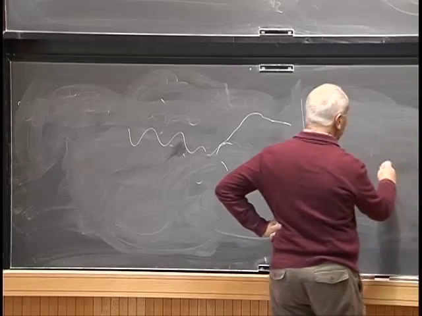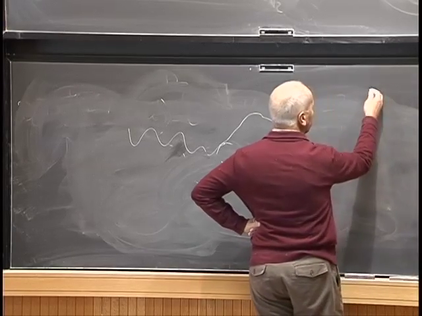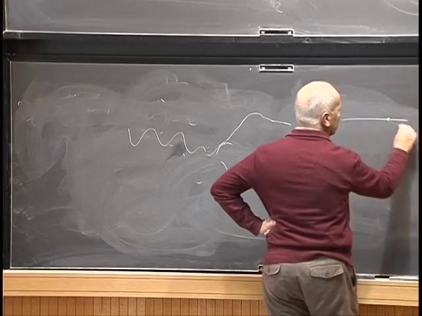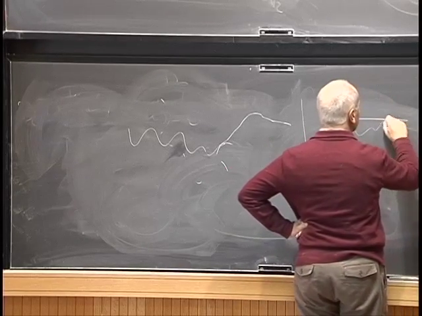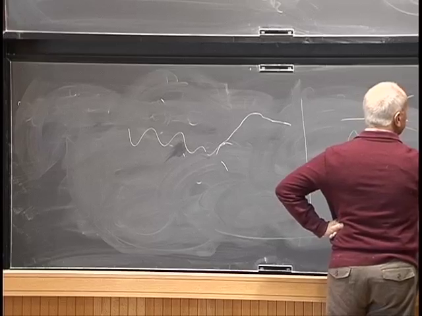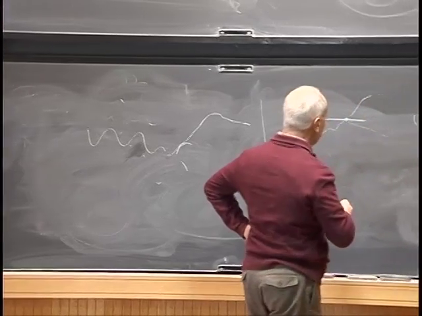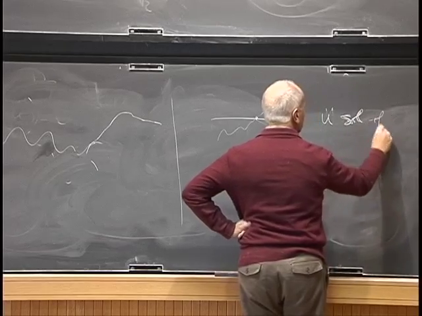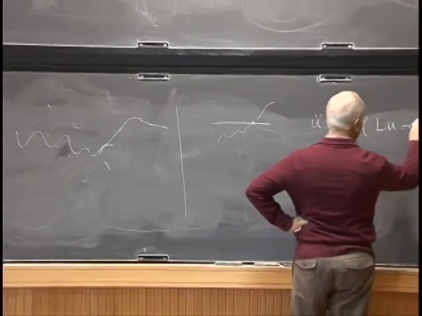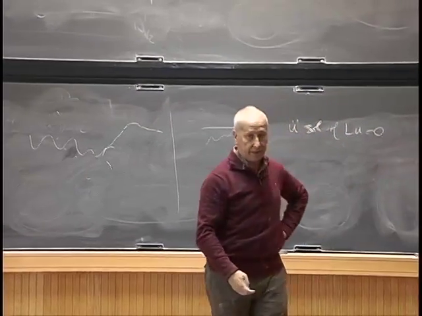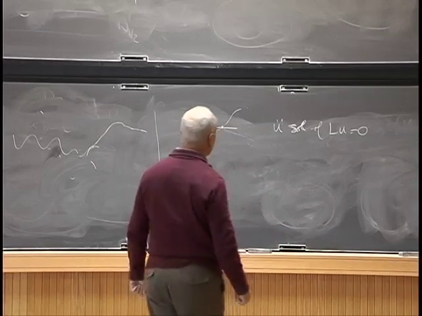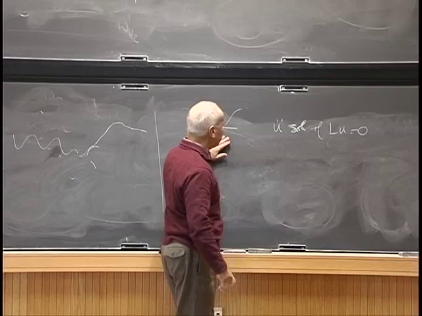And the reason is the following. Suppose that you have a point x0, the origin, right? And we have a solution u of L of u equal to 0, let's say, so it satisfies the Harnack inequality. Divergence or non-divergence, this is true for both. And suppose that u has a modulus of continuity from below.